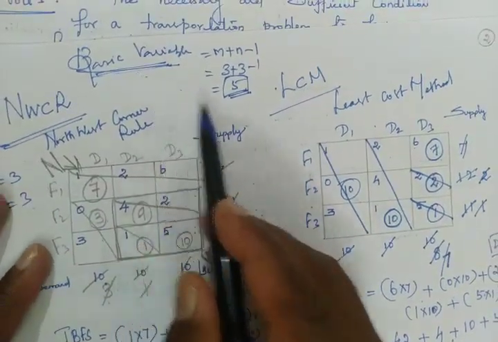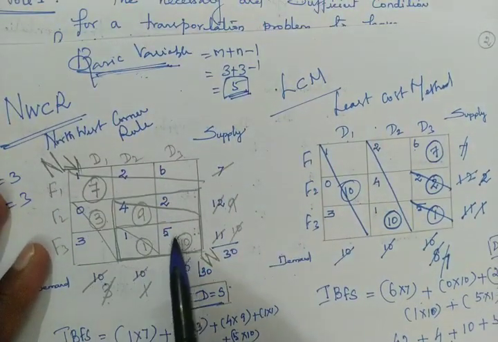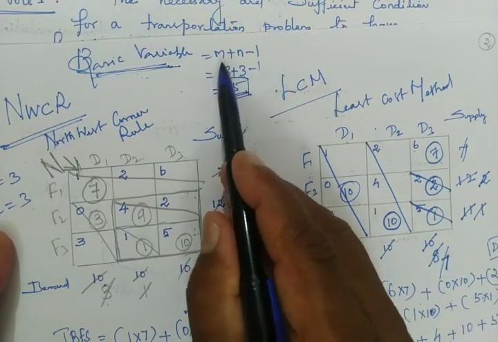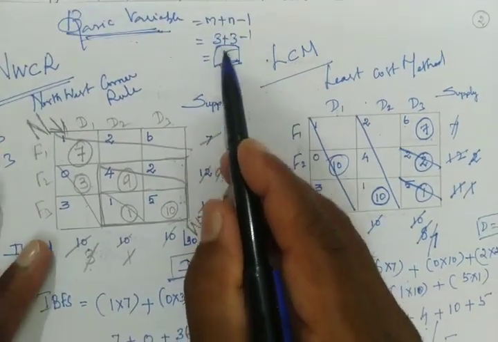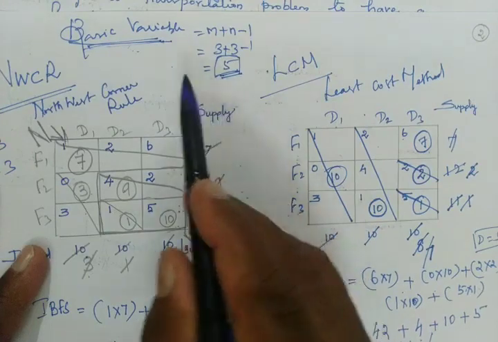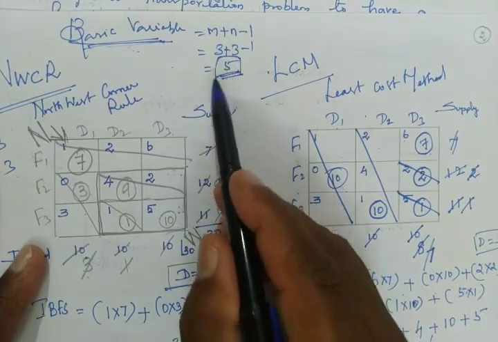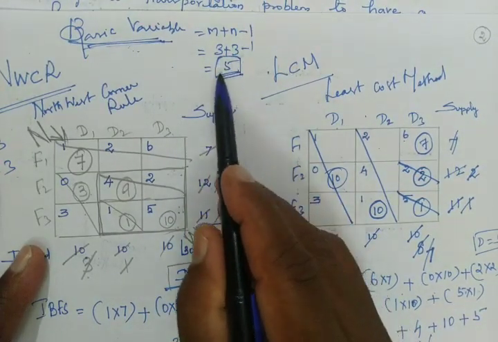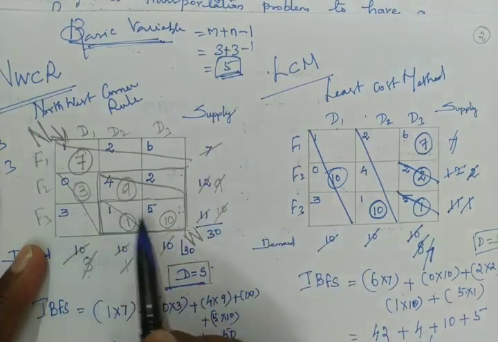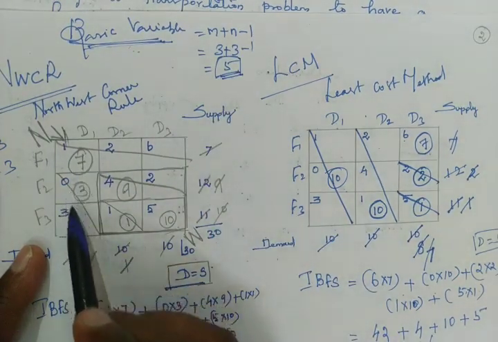The basic variable is nothing but the number of allocated cells. You find it by the formula m plus n minus 1, which is 3 plus 3 minus 1, that gives 5. 5 cells are allocated. So this is a basic variable.